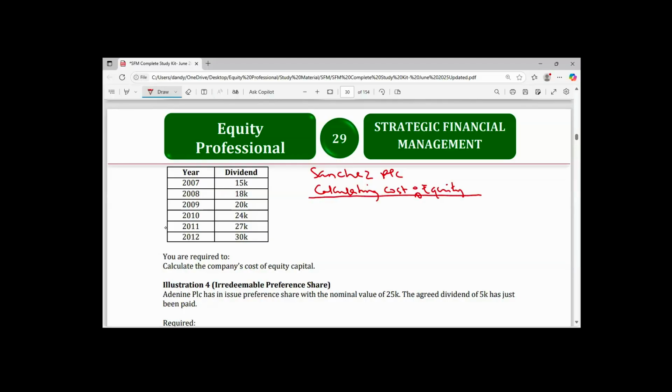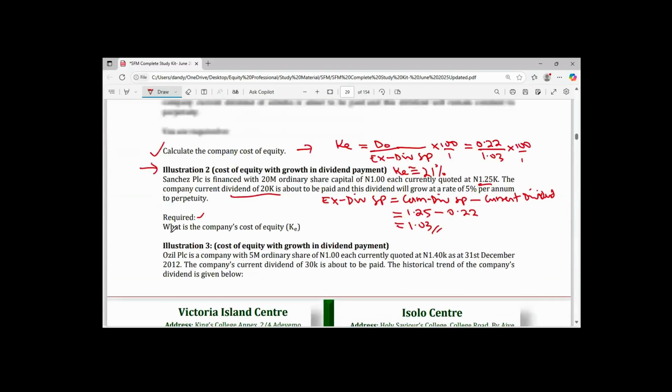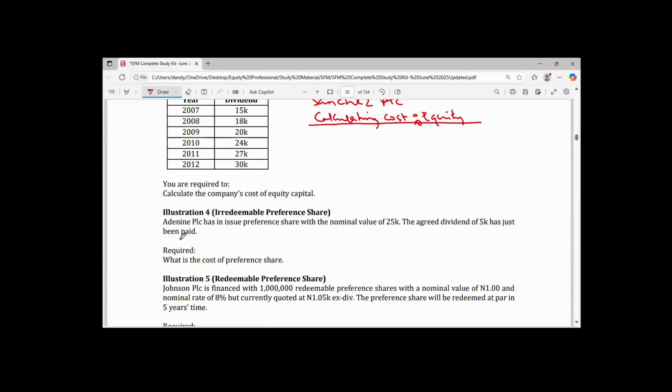Because in this particular question of Sanchez PLC, we have been given growth rates, our formula will change slightly.